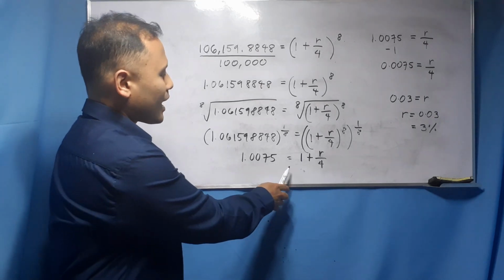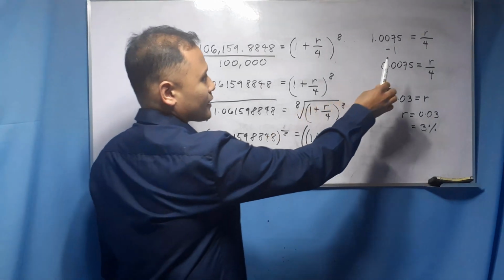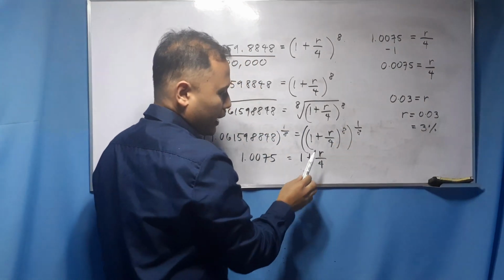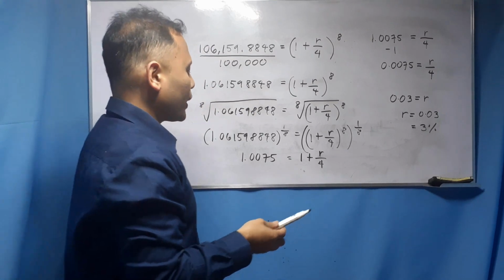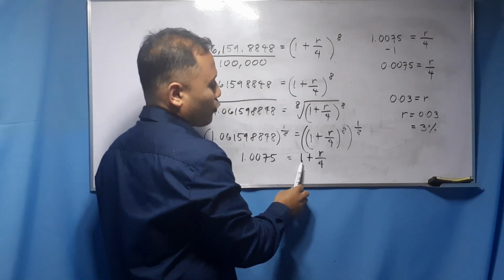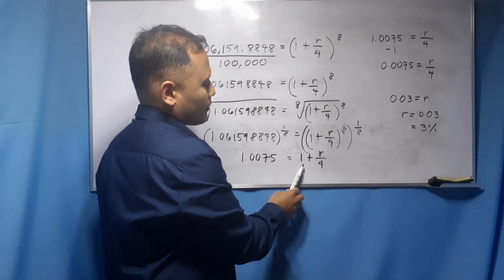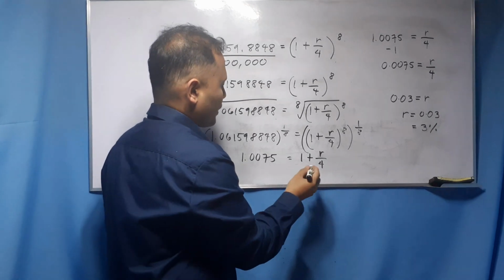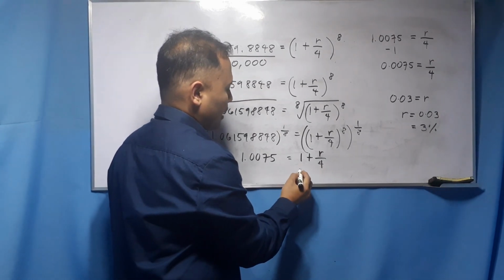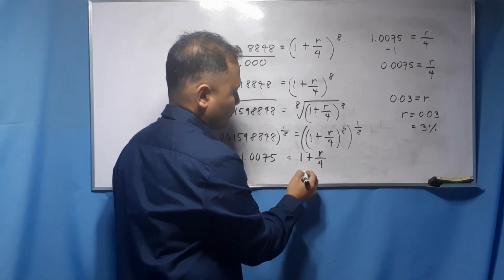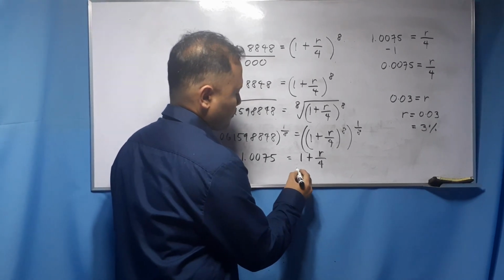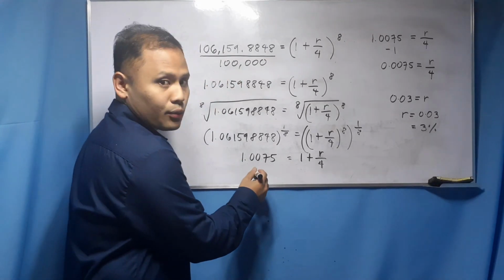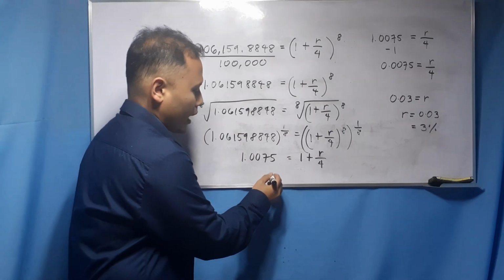Next line, we have this. Since we are really interested to find the value of R, we remove 1. We can do so by subtraction. We subtract the left hand side by 1, then we also subtract this one by 1.